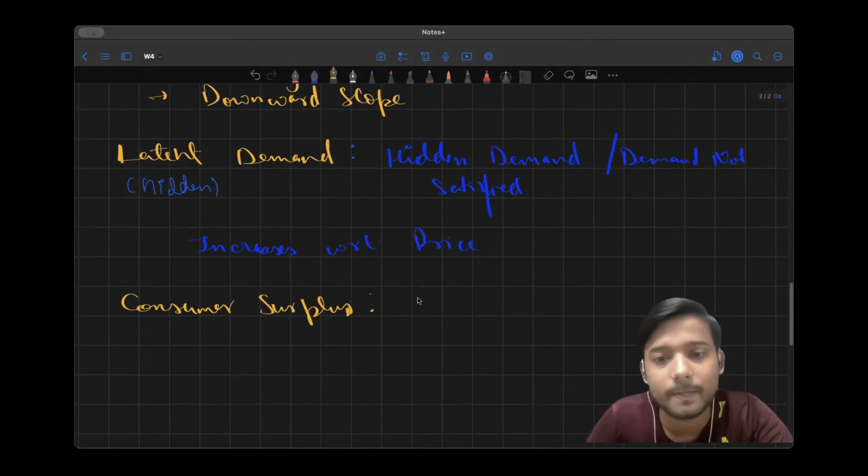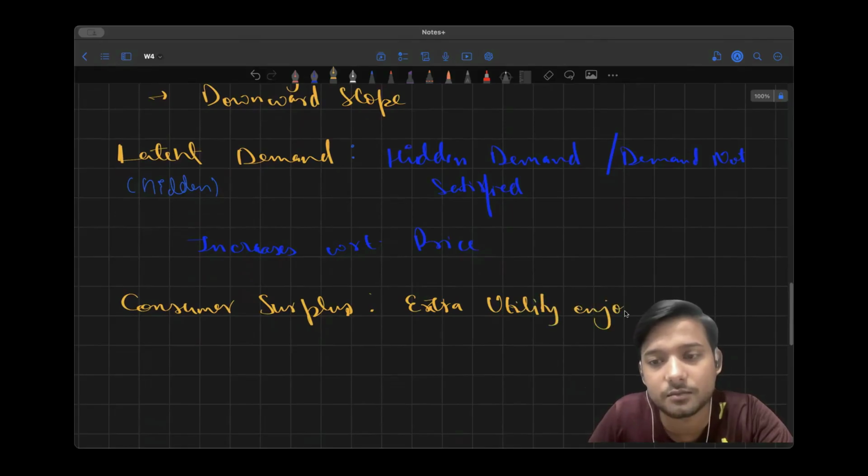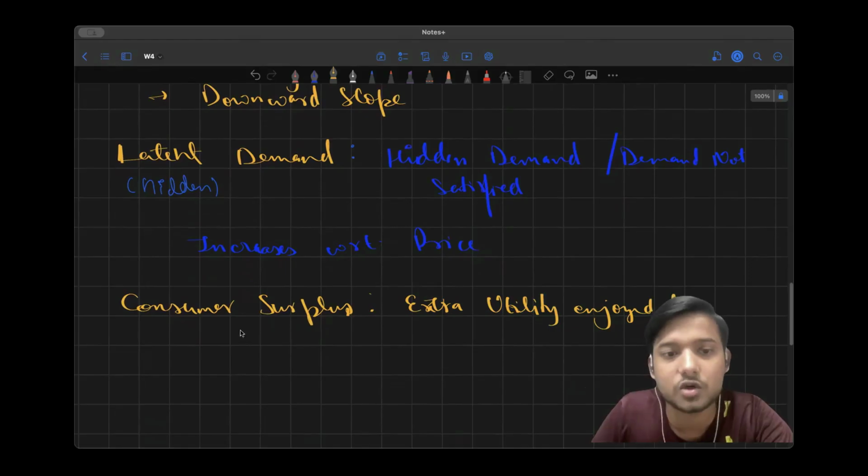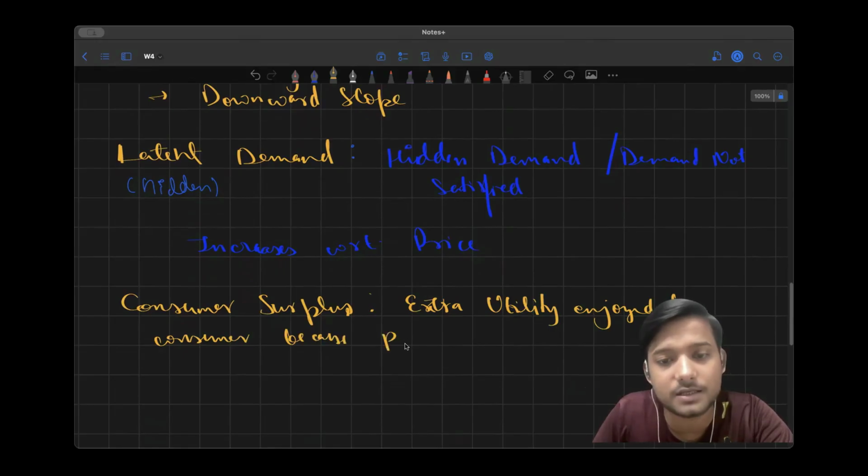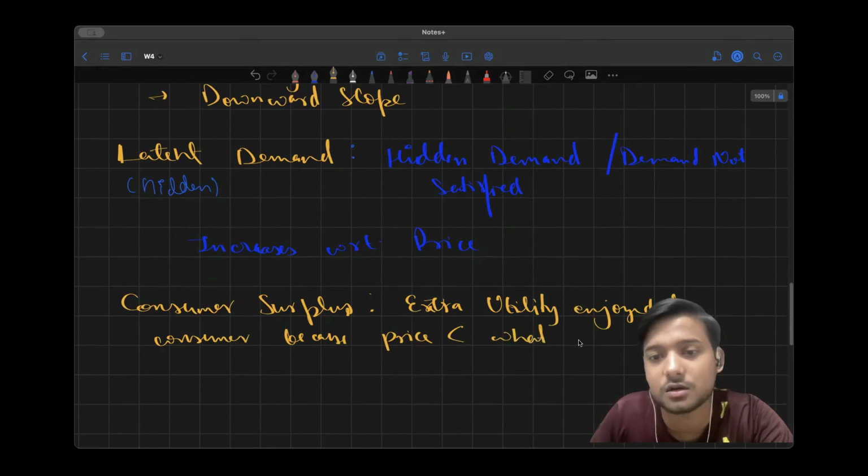So this is going to be extra utility enjoyed by the consumer, or you can say customer, because the price is less than what they can afford, or you can say their willingness to pay, right?